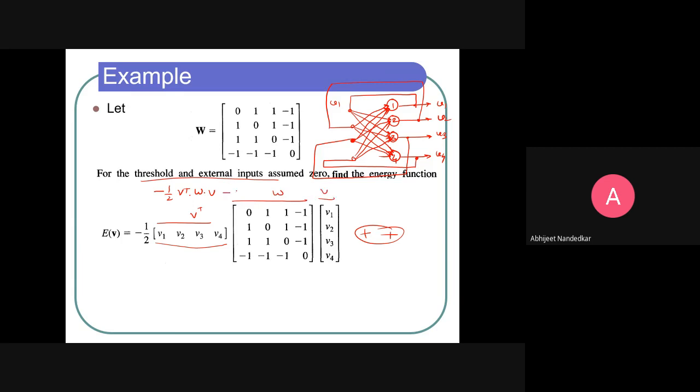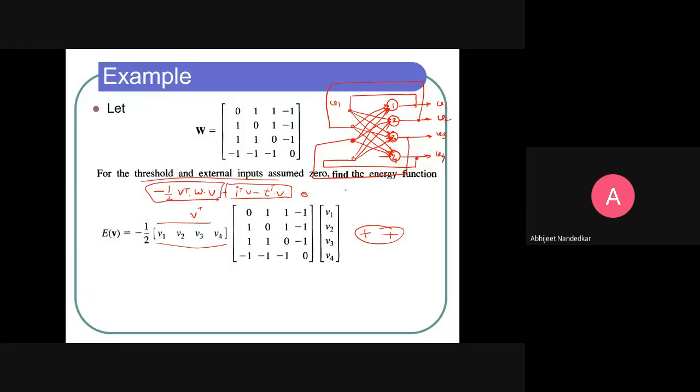Say minus I transpose V minus the threshold transpose V. So these two things are 0 since it is given to us. Now what is left is only this.